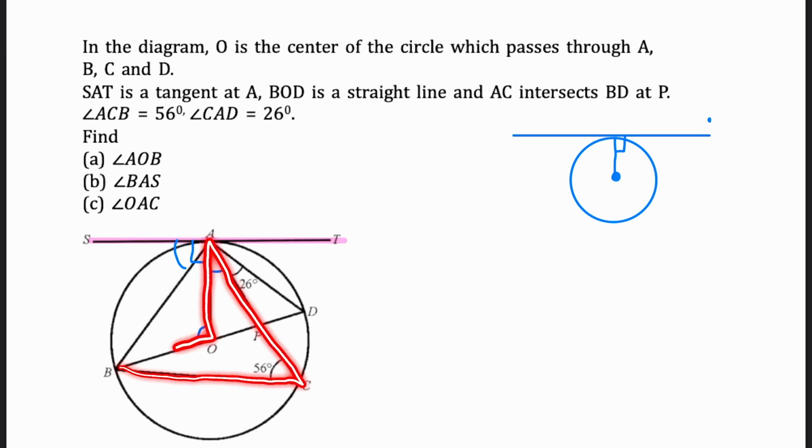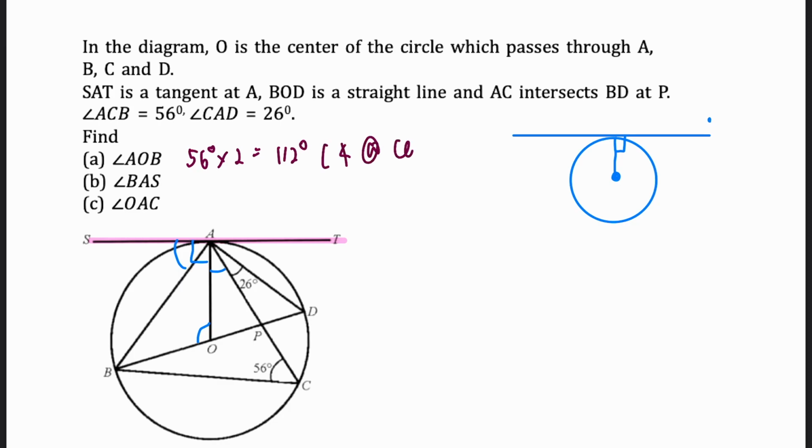If you trace back, can you see that this is actually the angle at the center? Remember, angle at the center is 2 times angle at the circumference. So we just have to take 56 degrees times 2, which is equal to 112 degrees.